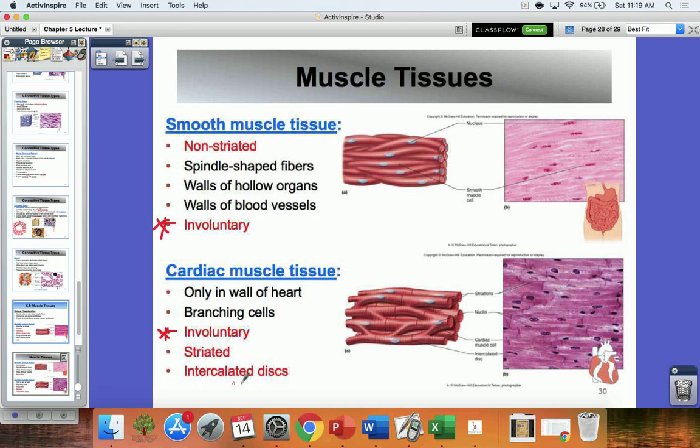This is a characteristic that is unique to this tissue type, which is just that portion that kind of connects one cell to the next. That's an intercalated disc. So this is one thing that is unique to cardiac muscle. As far as smooth muscle, it's the only one that's non-striated. And as far as skeletal muscle, it's the only one that is voluntary.